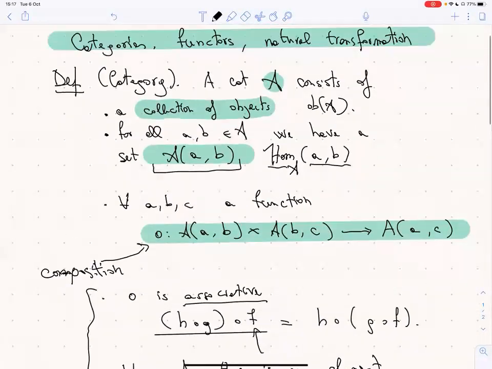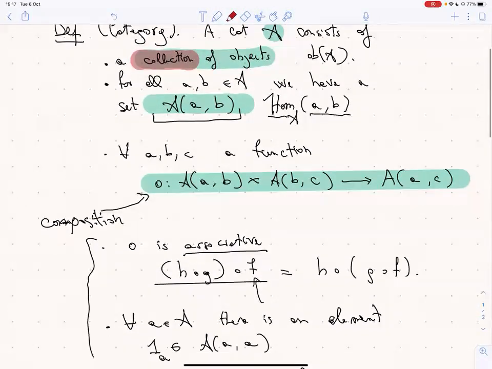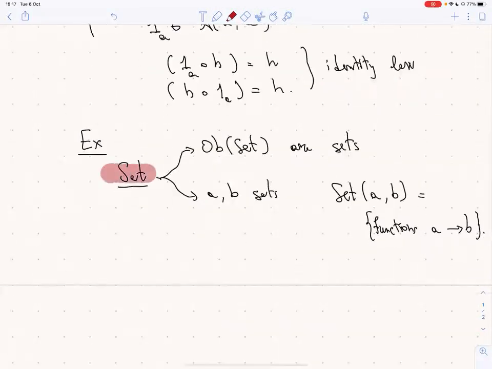Okay, so this is a very standard example, and this is a good moment to say that in this definition I was not precise, and I didn't want to be precise. Here I only said that this is a collection of objects, meaning that it might be a proper class, like in the case of sets, of course. This is a proper class. While this one instead is always a set and will never be a proper class.